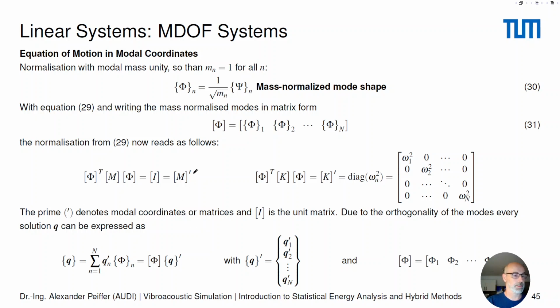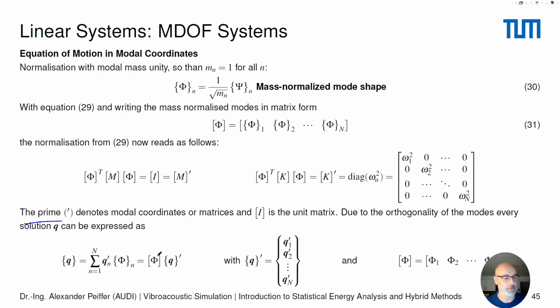So as mentioned, the prime denotes the coordinates of the matrices in the modal coordinates. And due to this property of orthogonality, every solution Q that we have can now be expressed in this modal base. So the real shape of displacement is a modal coordinate multiplied by the single mode, and this is just summed up.